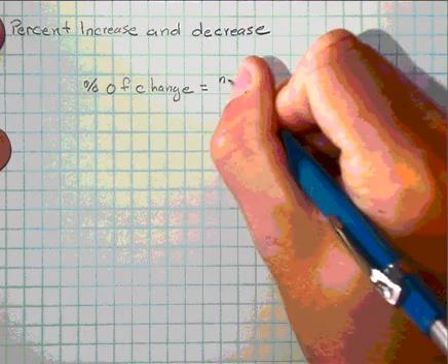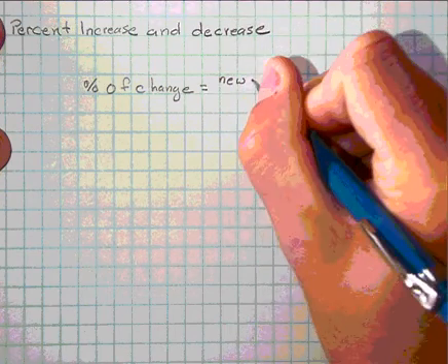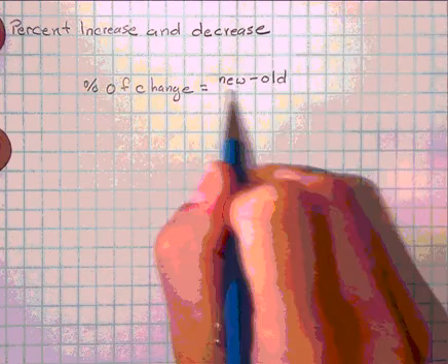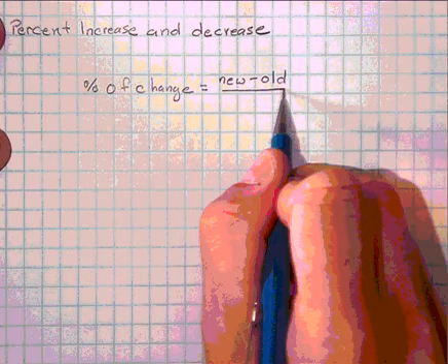is your new amount minus your old amount divided by your old amount.